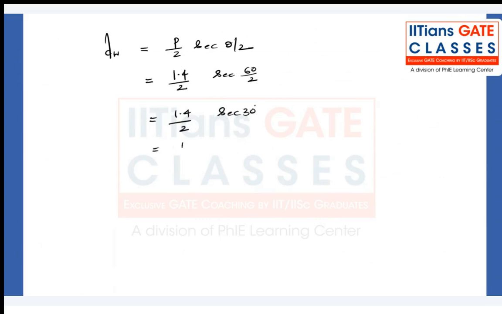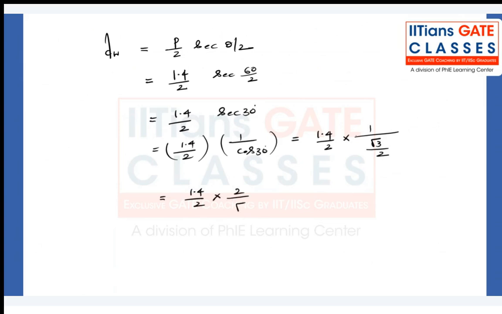For simplification I can write 1.4 divided by 2 into 1 by cos 30, which is 1 by root 3 by 2. So 1.4 divided by 2 divided by root 3 by 2, such that 1.4 divided by root 3.